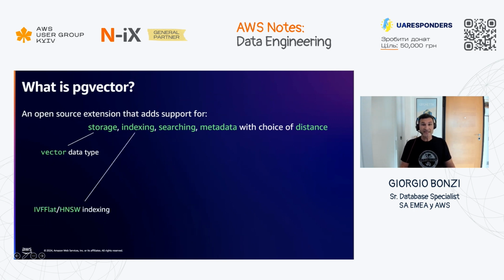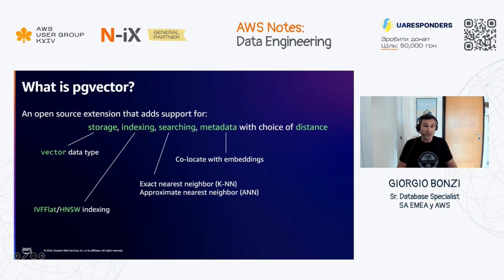It also provides support for 2 vector indexes, IVF flat and HNSW, that we will see in detail, and it brings the ability, leveraging these indexes, to execute an approximate nearest neighbor search, together with an exact nearest neighbor search. And Postgres also acts as a metadata store.